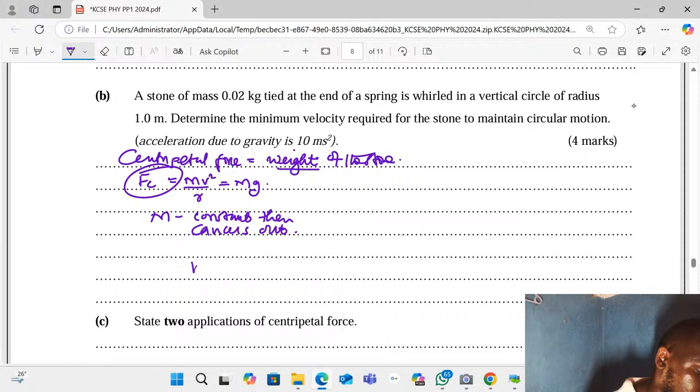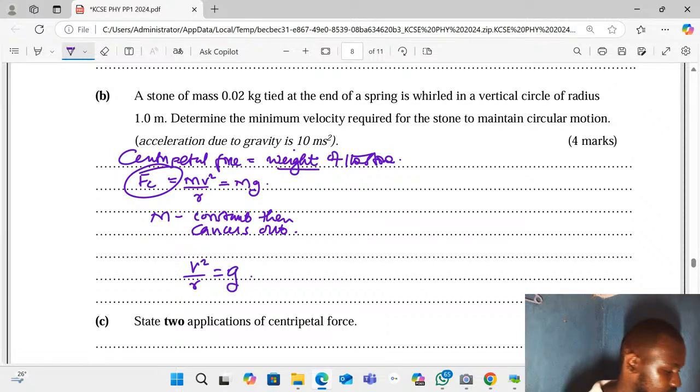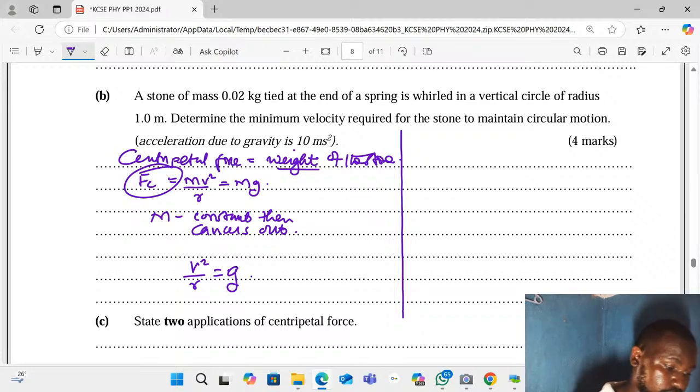We remain with v squared over r equals g. Making v the subject, v is the square root of rg.